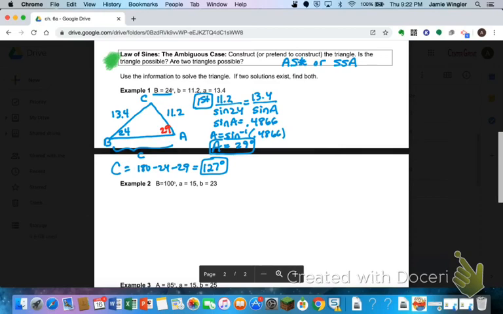So to find side C, it's going to be C over the sine of 127 equals 11.2 over the sine of 24. Or I could do 13.4 over the sine of 29. Both would work out.